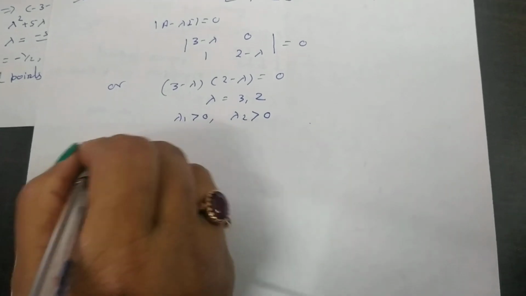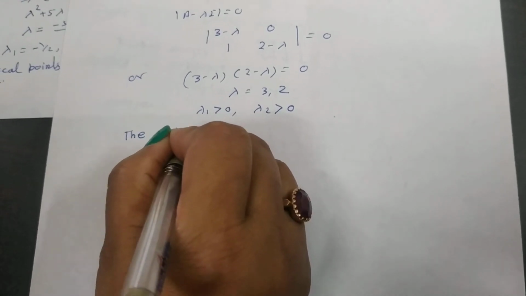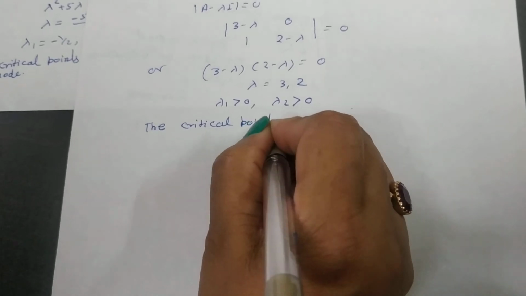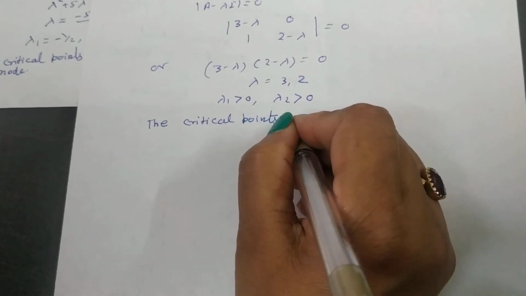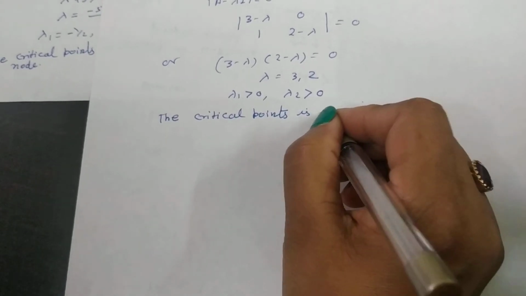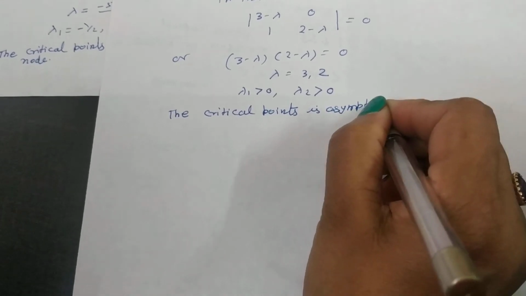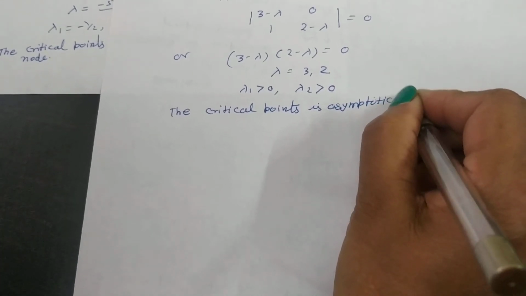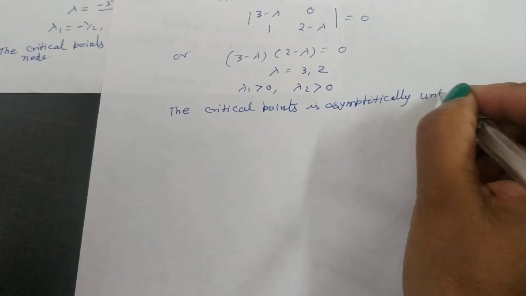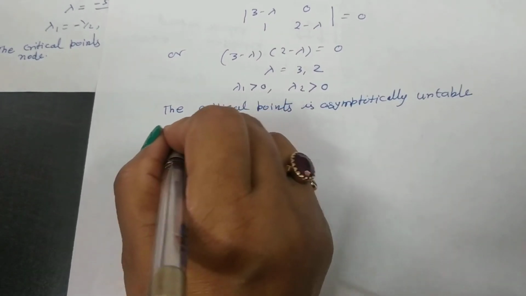In that case the critical point is an unstable improper node.